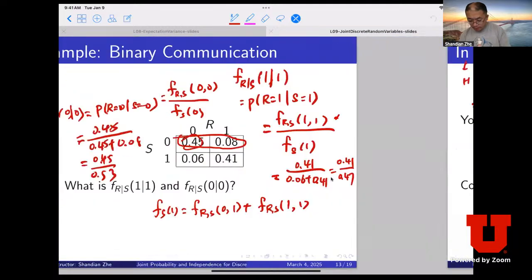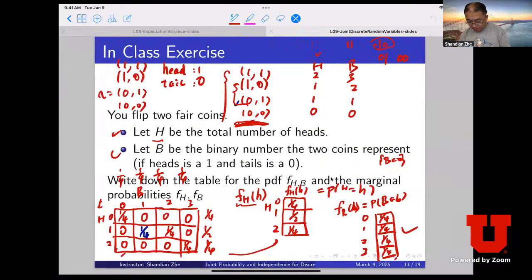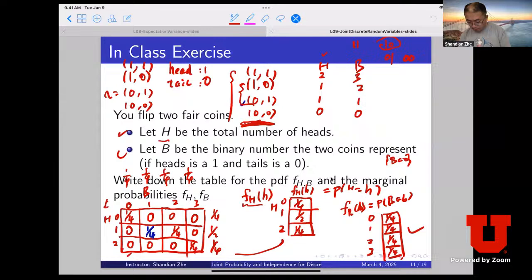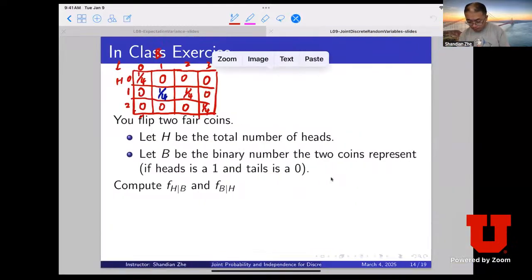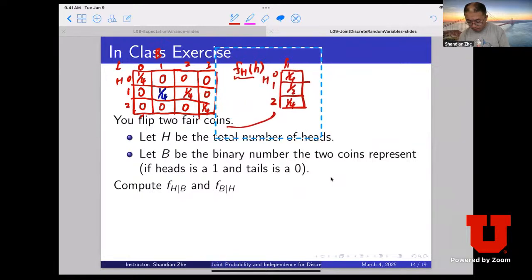And we have also computed the marginal density functions for both. I'm just going to use H. So this is FH.